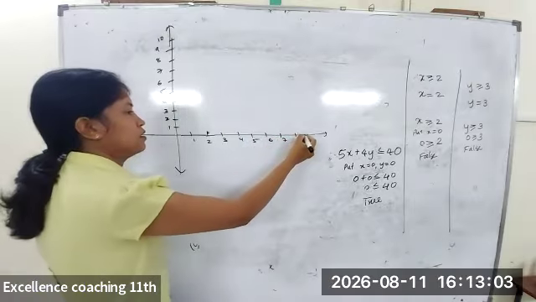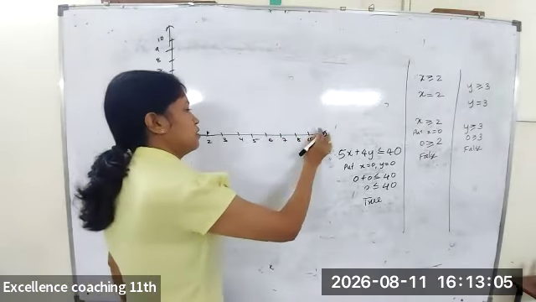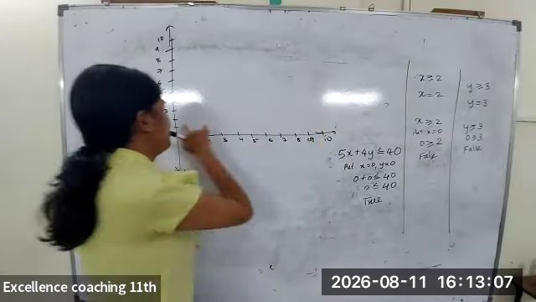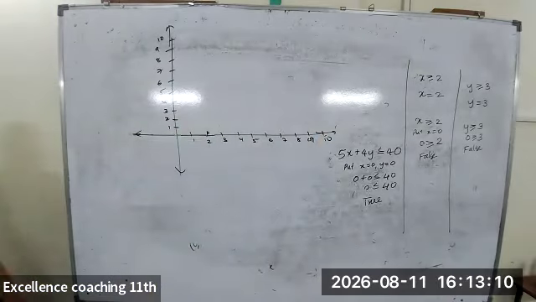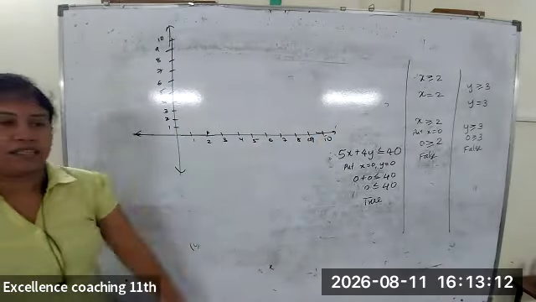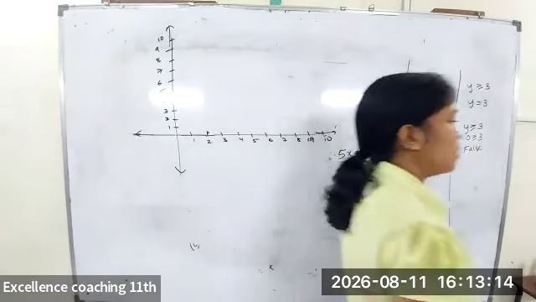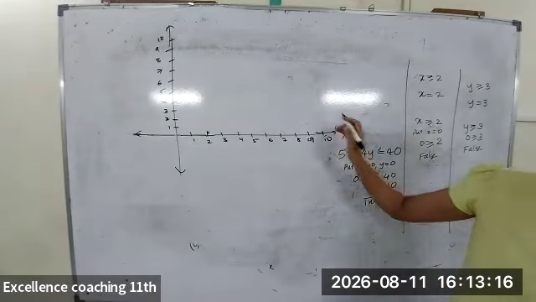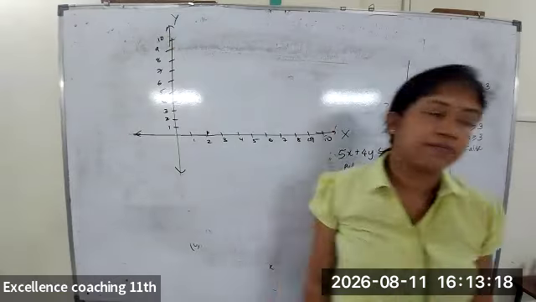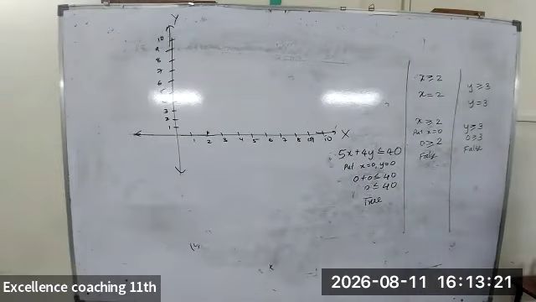Write up to 10 on both sides. Then we'll start. This is the x-axis, this is the y-axis. I'm telling you, there are no negative numbers.